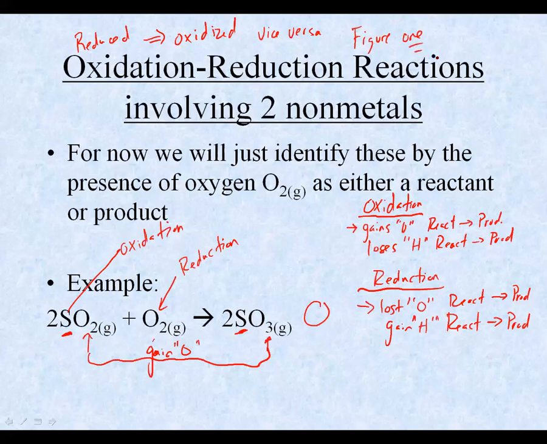So for example, if you can figure out what is being oxidized, you will be able to figure out what is being reduced in that case, and vice versa. So in this one down here, we were able to figure out that the sulfur was being oxidized, and that's all I needed to know. So by default, the O2 there would have to be the thing that's going through reduction. Any questions on that?